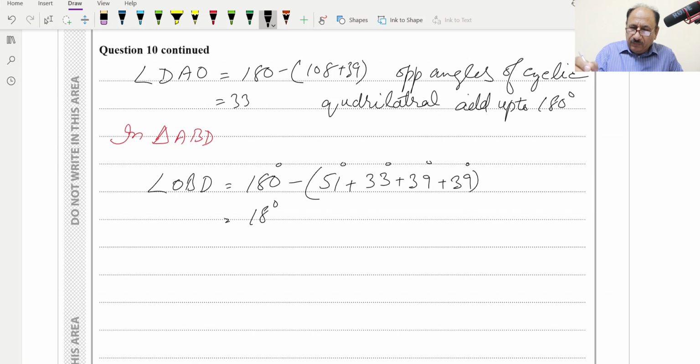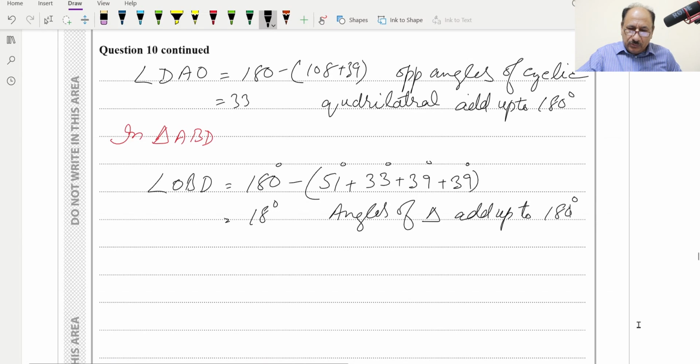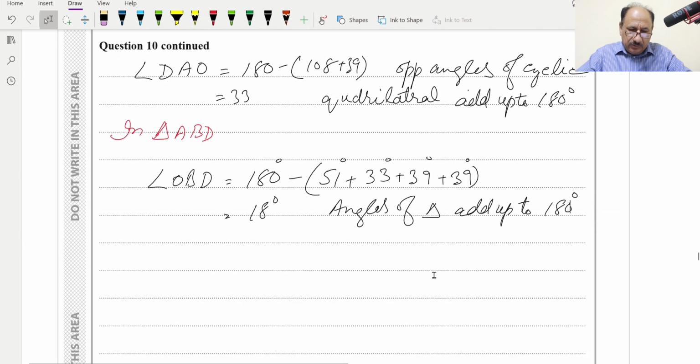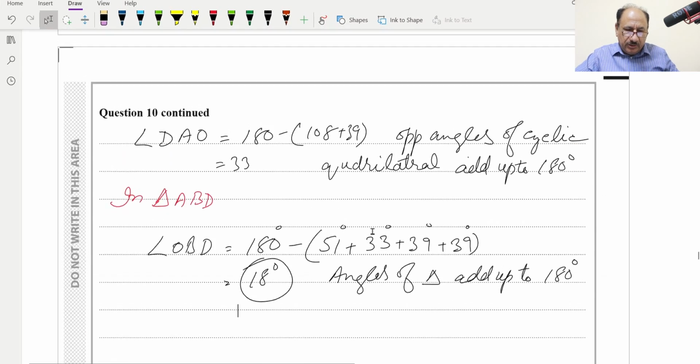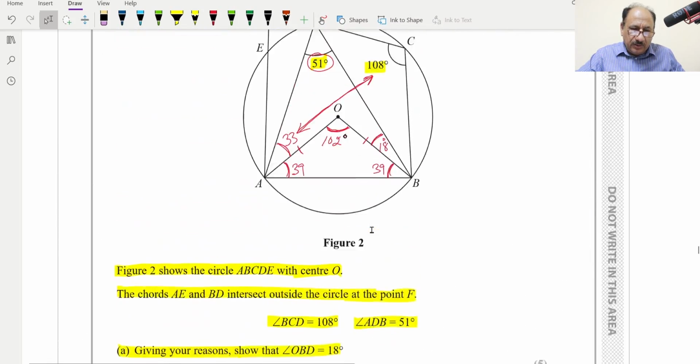The reason: angles of a triangle add up to 180 degrees. So we proved this. This was supposed to be proved, that this is equal to 18 degrees. So this part is done.